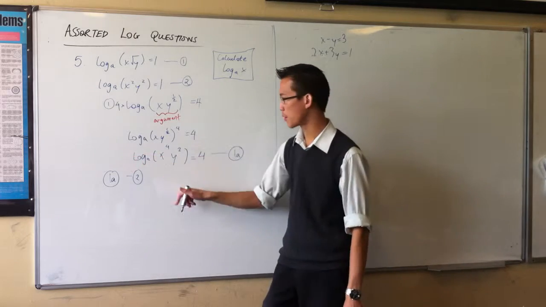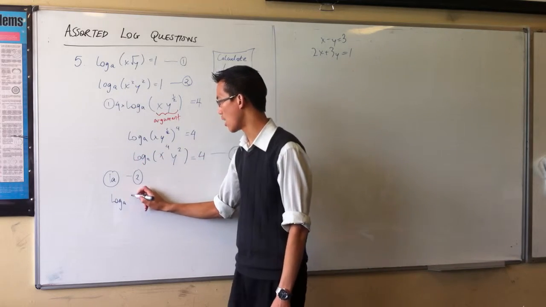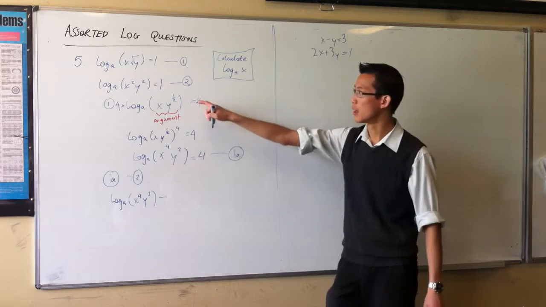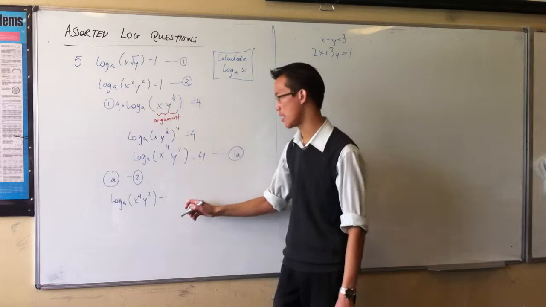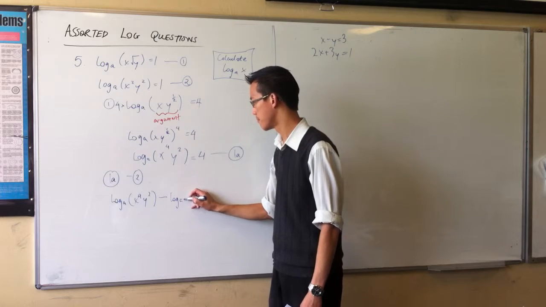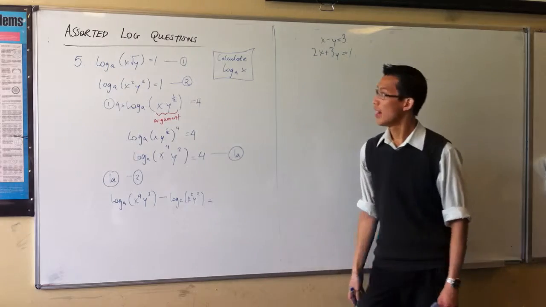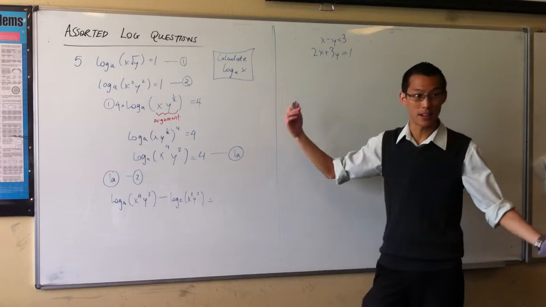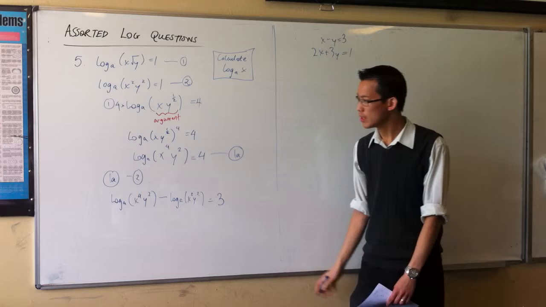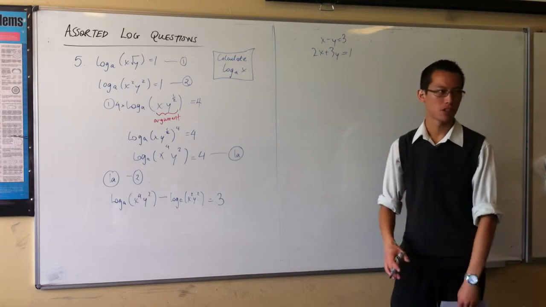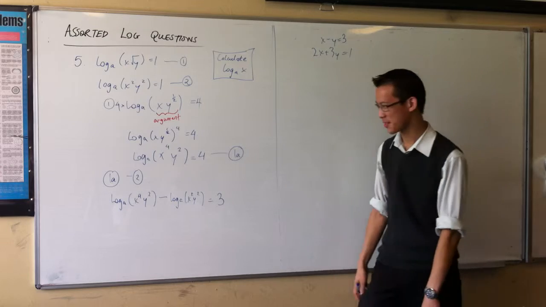So on the left-hand side, I'm going to have log base a of this guy minus this one here. Same thing, but with an x squared. Okay? And that leaves me with 3 on the right-hand side, 4 minus 1. Now from here you could probably almost jump straight to the answer, but I'll put another line just to make it a little more obvious.